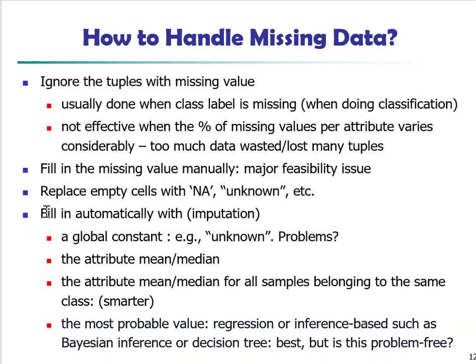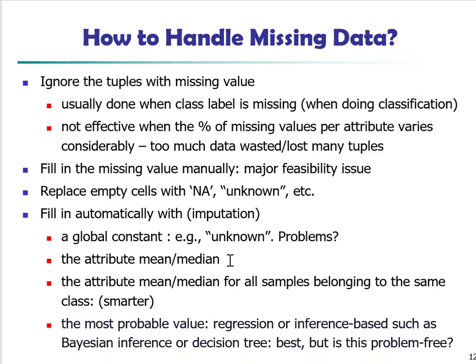Then there is a whole set of possible ways that you can fill in some values automatically. For example, you can fill in a global constant. This is exactly the same as the previous solution, and we know that's not good. Another is the attribute mean or median for that column. If you have a certain value missing, you can fill in that value with the mean or median of that attribute.